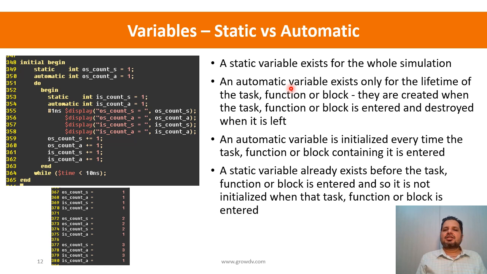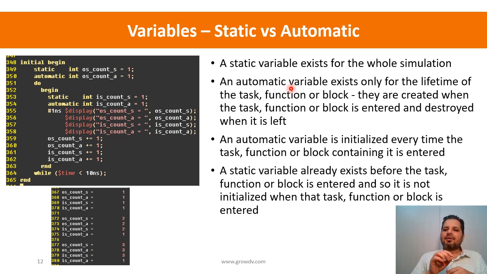So, static versus automatic: there are two things that we need to understand. When does it get allocated and when does it get initialized? These are the two key points. A static variable gets allocated as soon as your simulation starts, and it exists for your whole simulation.